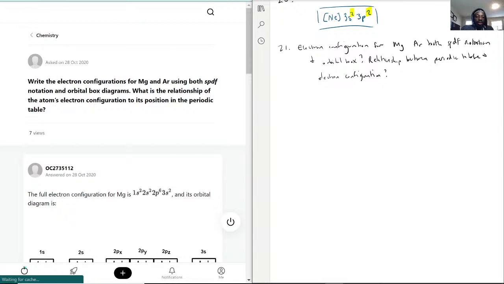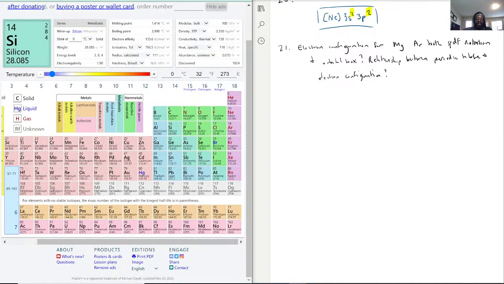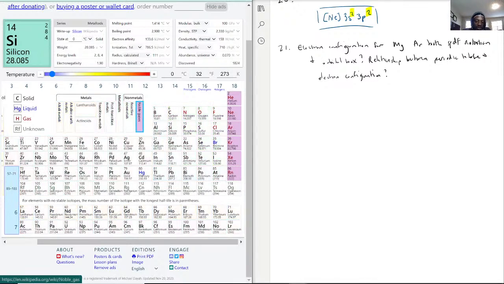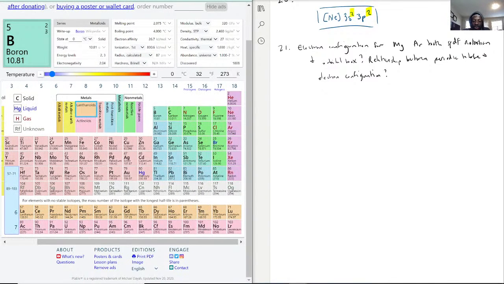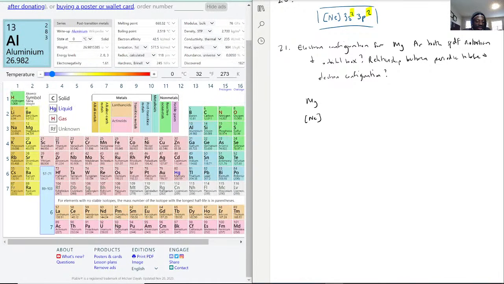So let's start by looking at the periodic table here, and now we're going to do the electron configuration for magnesium and argon. The good news is that we're going to do shorthand for both. So magnesium, you start from neon, the previous noble gas, and then you see here it's 3s2.